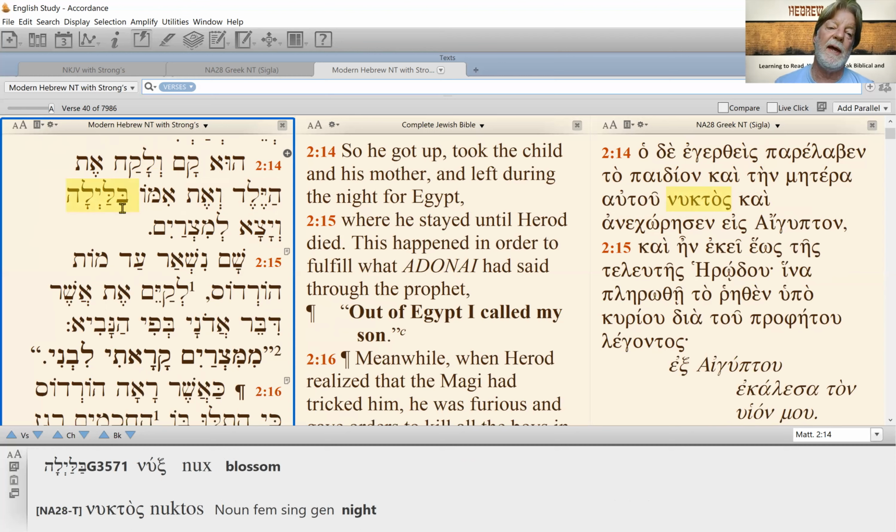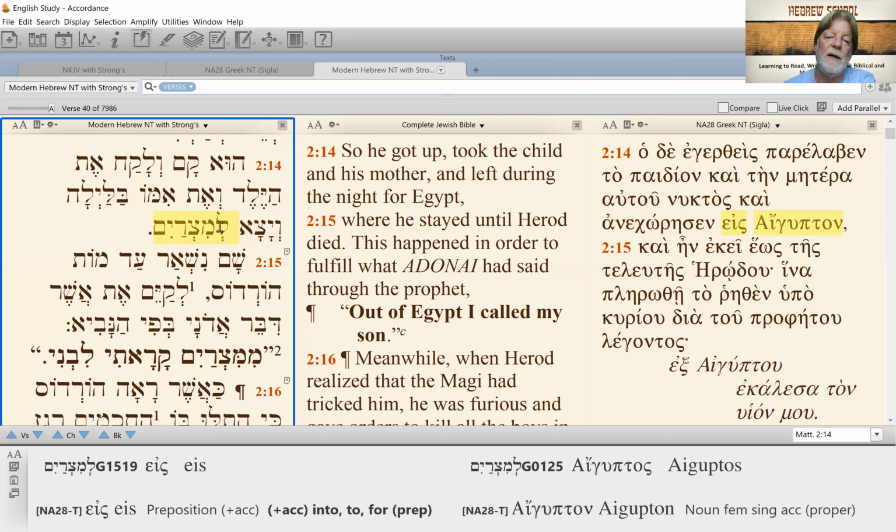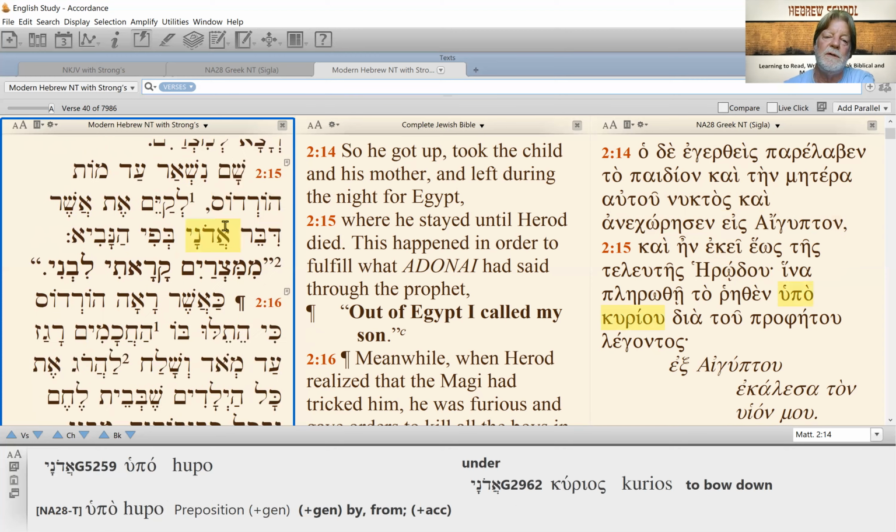So here we have a bet prefix, meaning in the night. So Joseph didn't waste any time. He didn't wait till morning to take off for Egypt. While it was still dark, he took the child and his mother, vayetze, and he went out, l'Mitzrayim. Mitzrayim is Egypt. La means to. So he started the journey to Egypt.